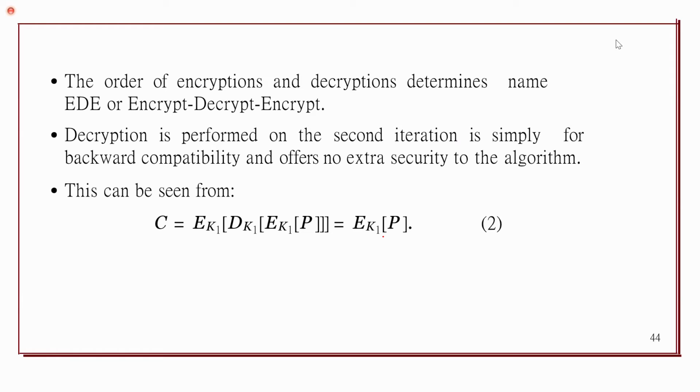If you observe, it is simply performing encryption followed by decryption. Whatever plain text P we take, by applying encryption we'll get the ciphertext C. By applying decryption, again we'll get the same plain text P.